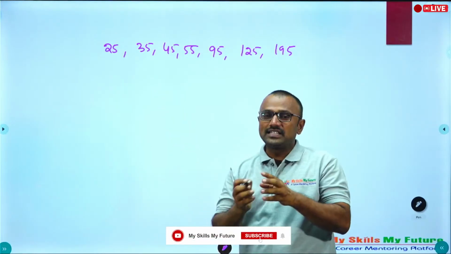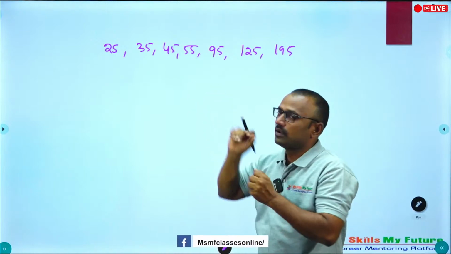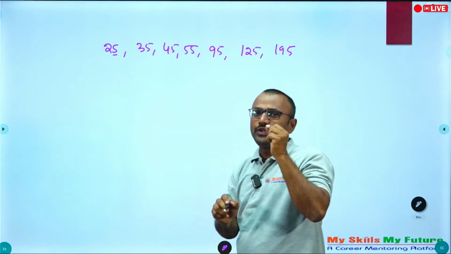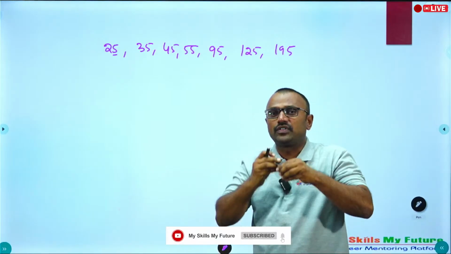If the unit digit of a number is 5, it is very simple to find the square of that number.